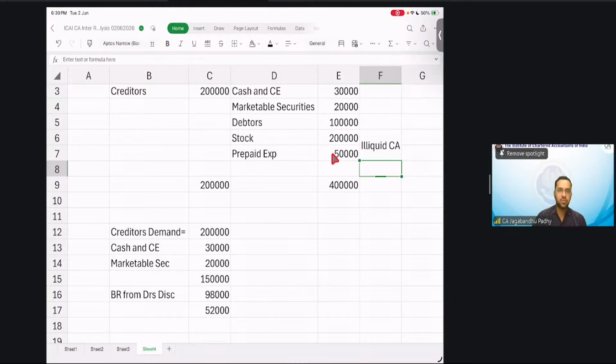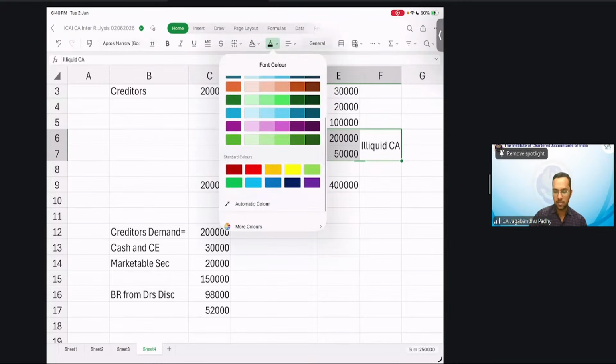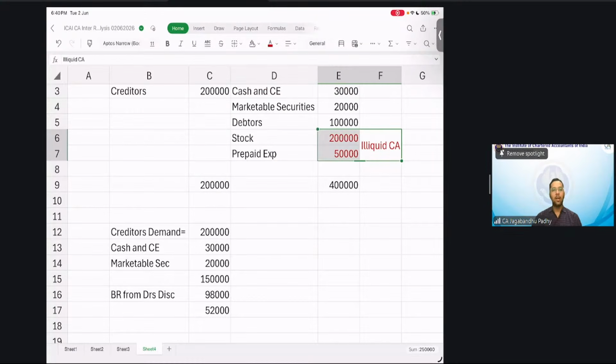Prepaid expense, of course, you can't get it converted to cash because prepaid expense is something that you have paid in advance for the future years. You cannot transfer it to your creditors and say that, okay, you keep the prepaid expense money with you. That's not possible. The prepaid insurance is not going to be of any use to your creditors. So these two items, stock and prepaid expense, they are illiquid current assets.